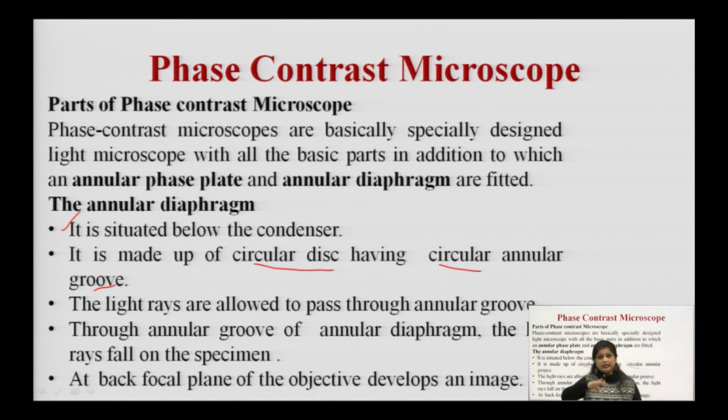The whole disc will be dark, but it has grooves through which light can pass, and that light is condensed with the help of the condenser onto the specimen. It will not pass through the whole slide, only through the specimen, so that the specimen is brighter and the whole background is dark.